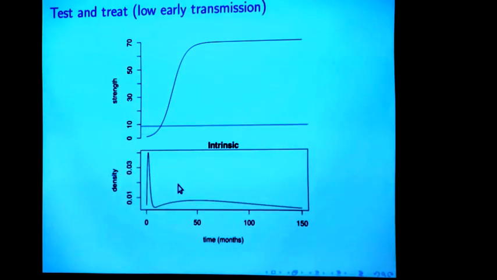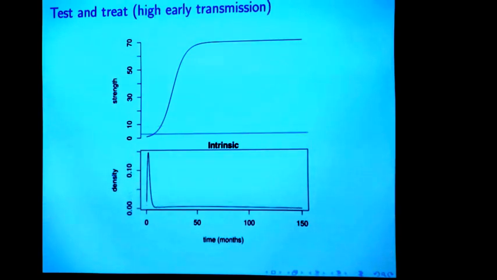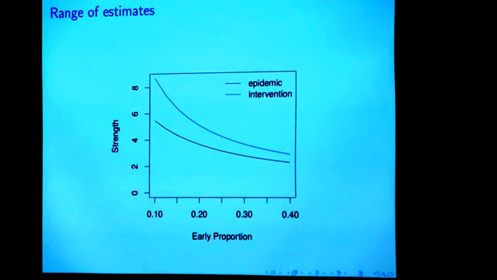We find that if early transmission is low, we estimate a high strength, because we're finding people before they do most of their transmitting. And if early transmission is high, we estimate a low strength, and we can make a similar graph.